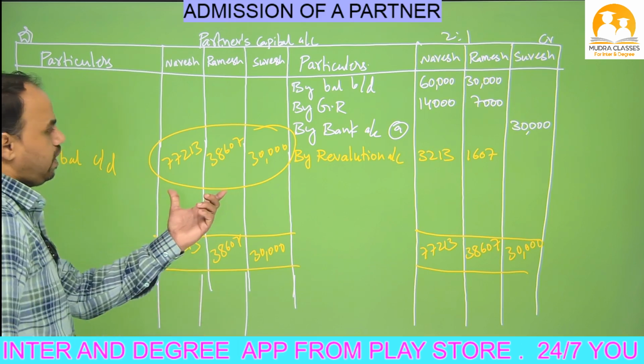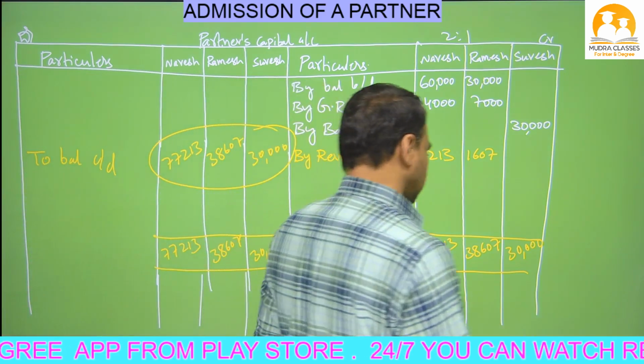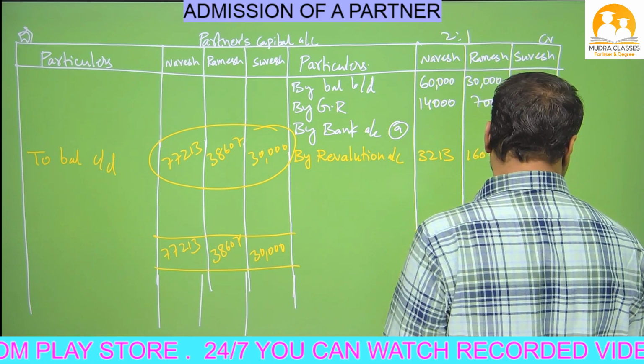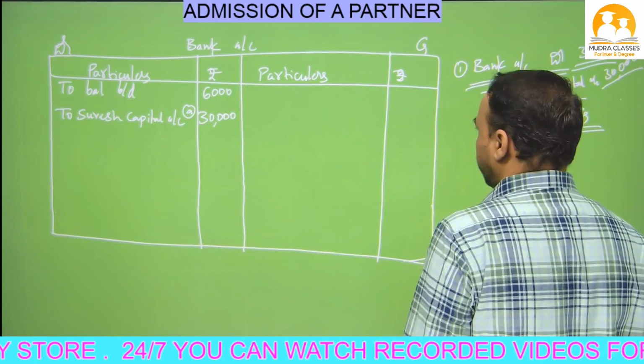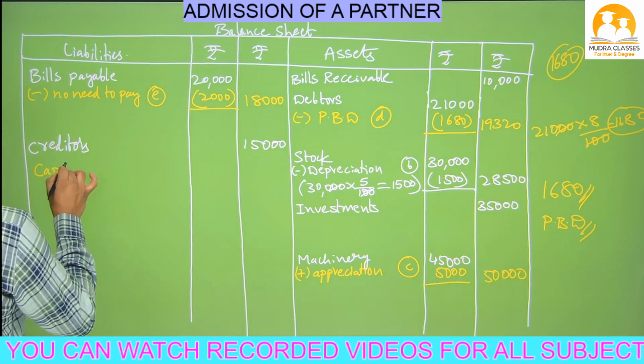These three amounts we have to write in the balance sheet liability side as capitals. Capitals of Naresh, Ramesh and Suresh. 77,213 we have to write as capitals. So here I will write capitals.